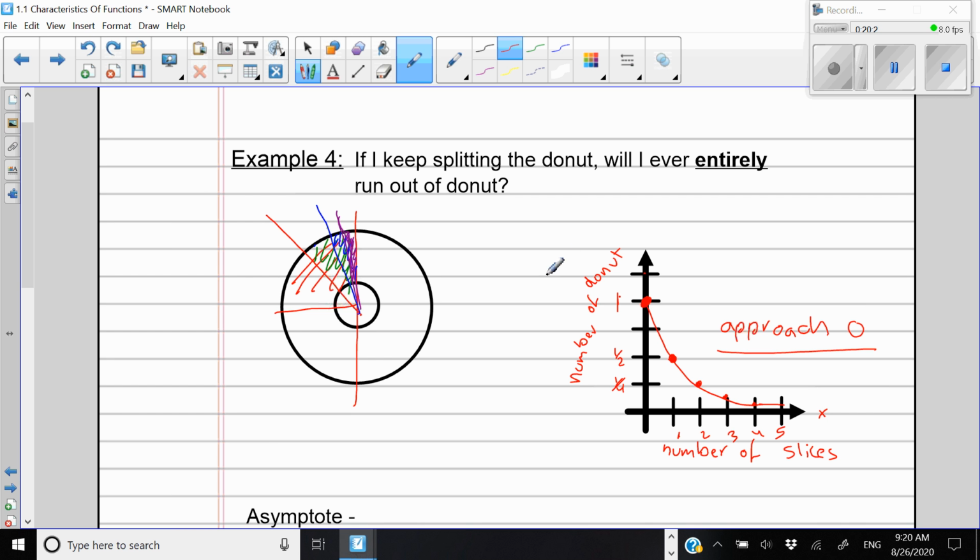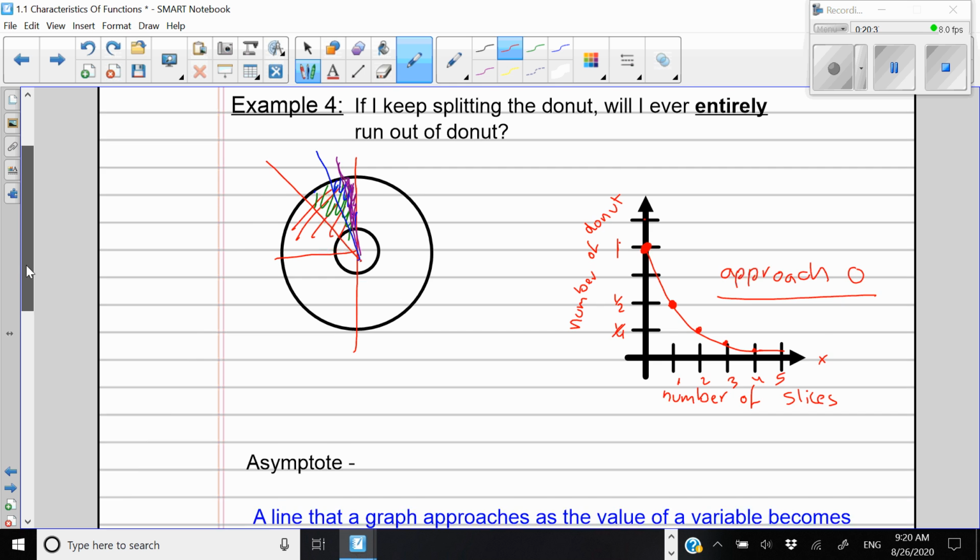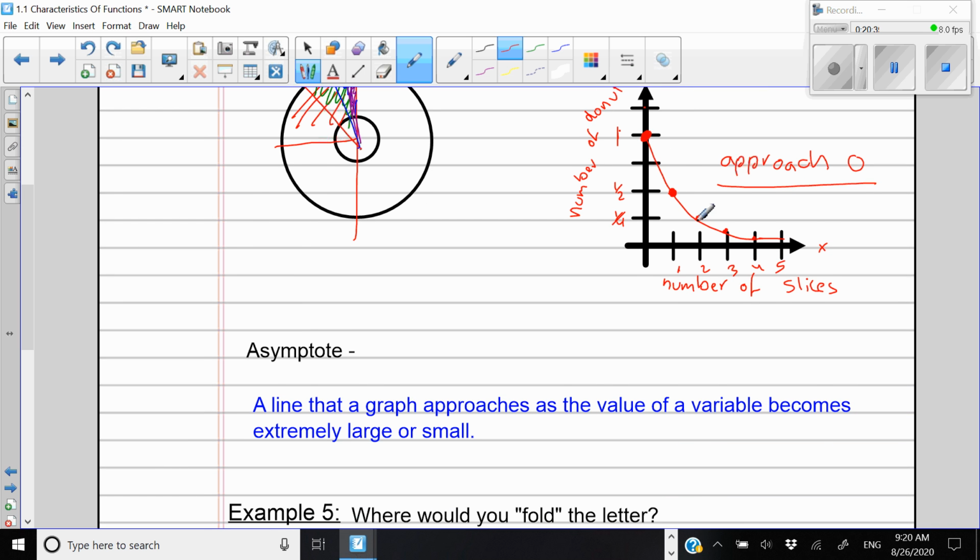But practically, I'm not able to divide to those little small pieces. At some point, I have to stop cutting my donut into half. So what is this situation called? When my function is getting close to something, approaches that point, but never passes through that point.